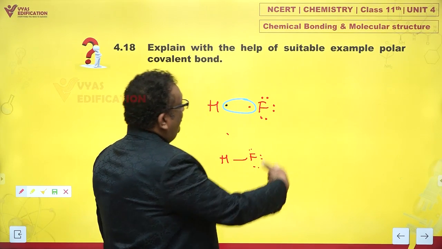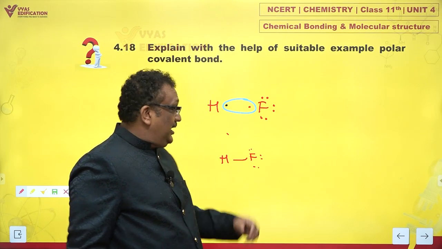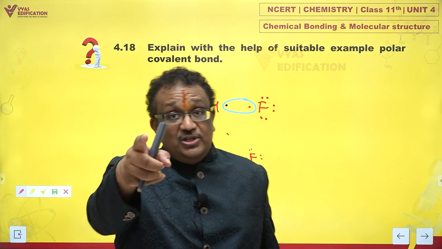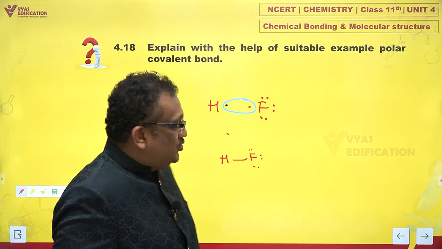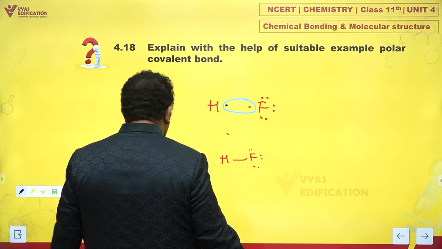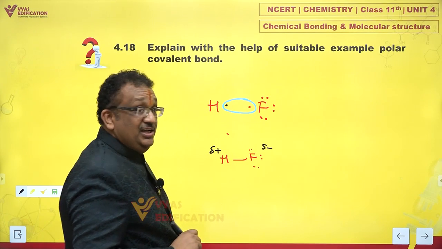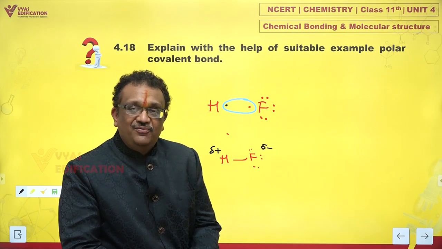As fluorine withdraws electrons towards itself, please note, the moment electrons are lost by hydrogen and gained by fluorine, there is some negativity associated with that. If you loot somebody, you get negative, right? So fluorine is also acting as a robber. So it will acquire a slightly negative charge, while poor hydrogen will acquire a slightly positive charge.